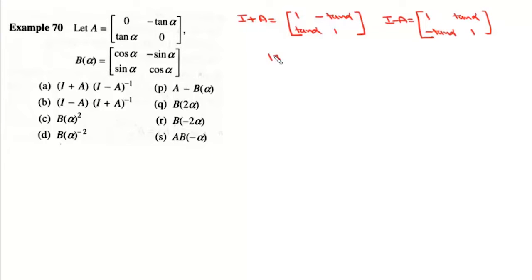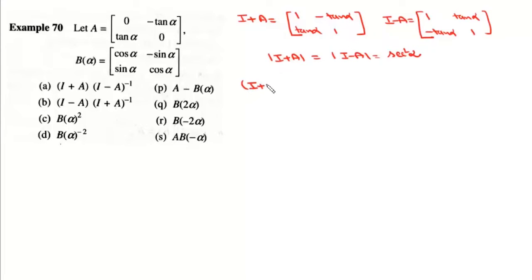Now the determinant of I plus A will be the same as the determinant of I minus A, and will be 1 plus tan square alpha, and 1 plus tan square alpha is secant square alpha. So now we can write the inverse of both.